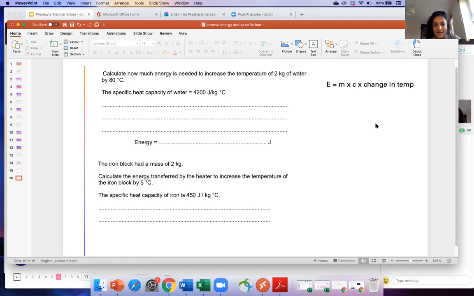So what is the energy needed? E equals mass times specific heat capacity times change in temperature. So you've been given mass, which is 2 kilograms. You've been given specific heat capacity, which is 4,200. And you've been given the change in temperature, which is 80. So when we times them all together, mass, 2, times specific heat capacity, 4,200, times 80, we get 672,000 joules.